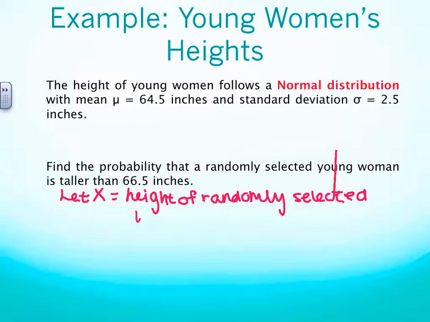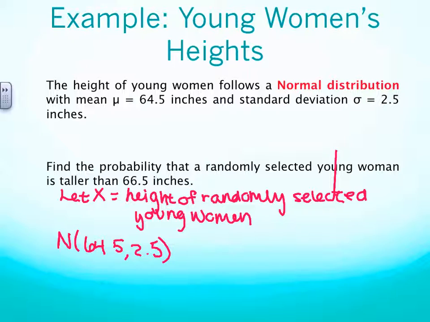We know it's a normal distribution with a mean of 64.5 and a standard deviation of 2.5. We are looking for the probability that a randomly selected woman will have a height of more than 66.5 inches.